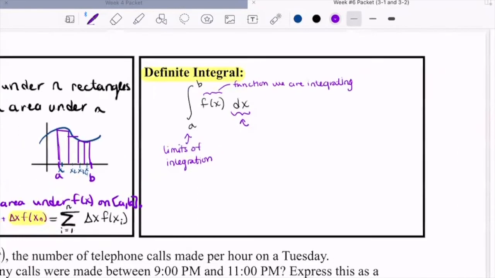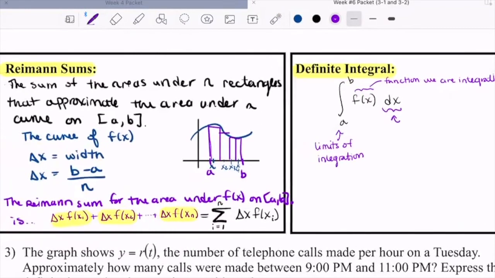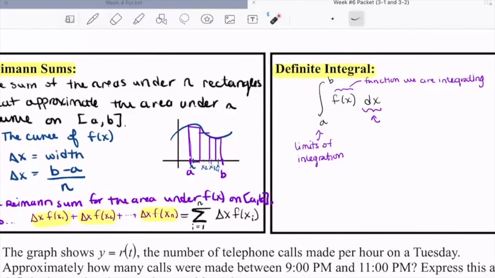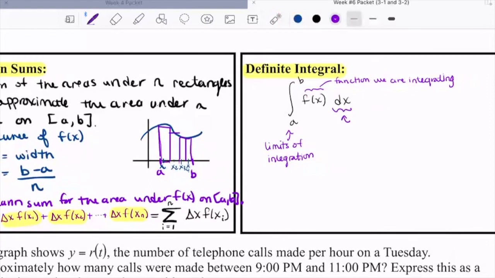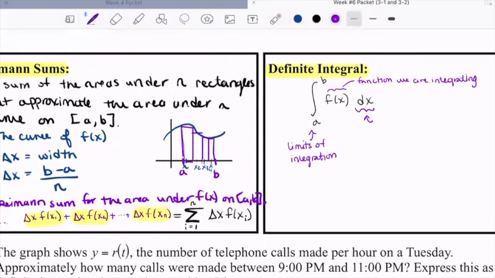Referring back to that Riemann sum, because we're looking at changes in x as our width, if we wanted to describe the area under this curve, we would use dx. It tells us which variable we are finding width of, or rather that we are chopping up our area under. So in words, I'll say the variable integrating over.